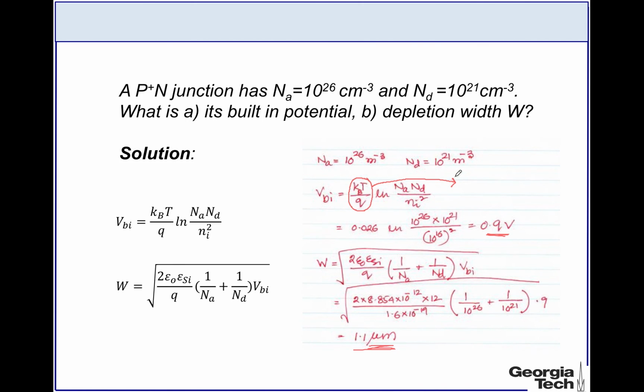So KT is in electron volts and KT by Q is in just volts. At room temperature, KT by Q is equal to 0.026 volts. This is one thing that you have to remember, and Ni in this case we have taken to be 10 power 16 per meter cube.